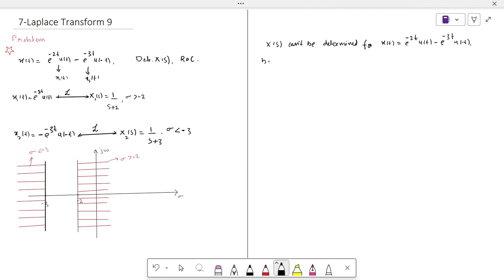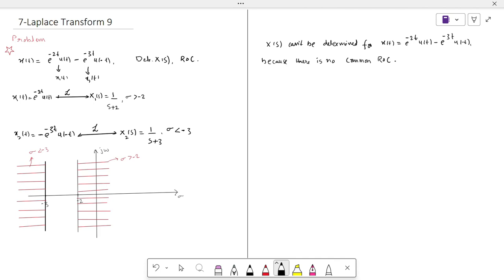Why? Because there is no common region of convergence.